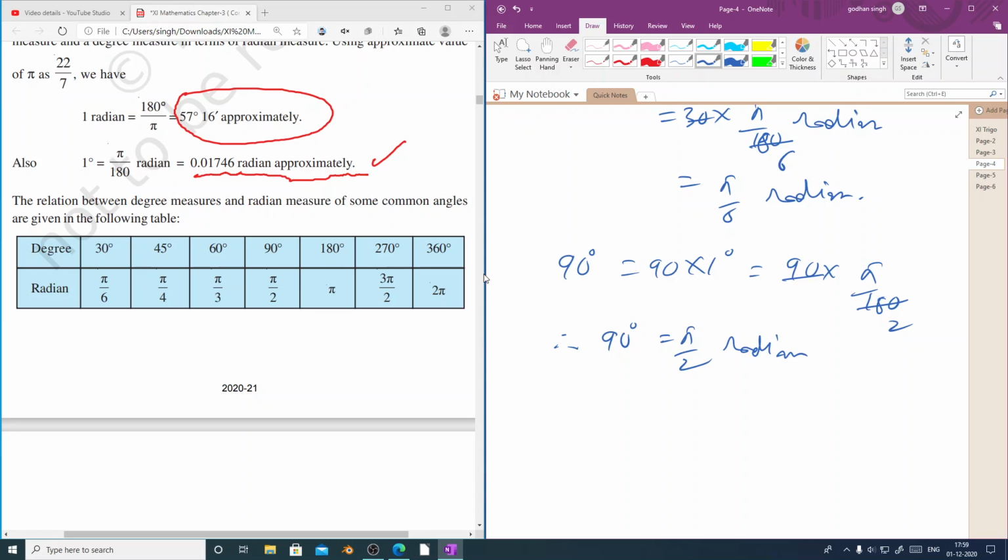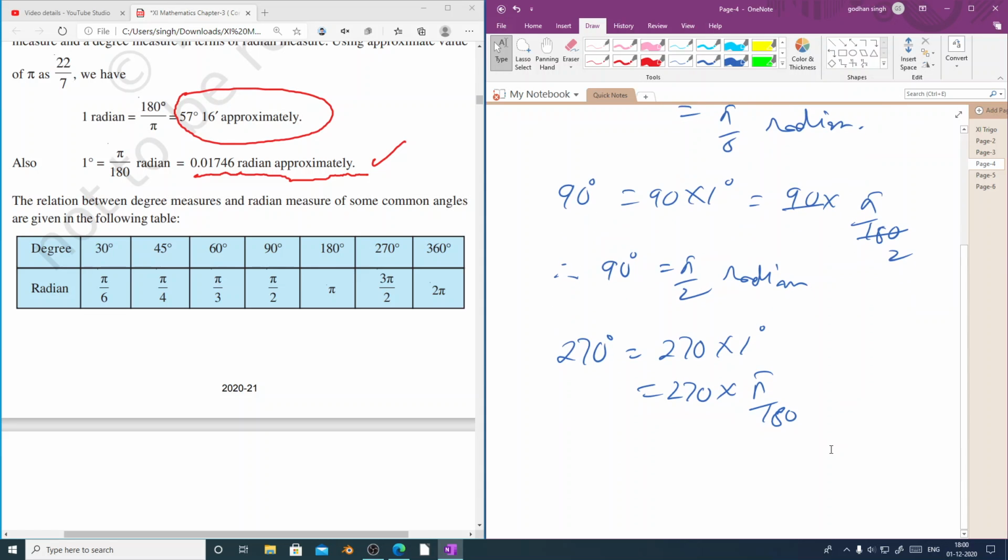But suppose we need to find the value of 270 degrees in terms of radians. So 270 degrees we can write as 270 into 1 degree, equal to 270 into pi by 180, and 180 and 270 can both be cancelled by 90.